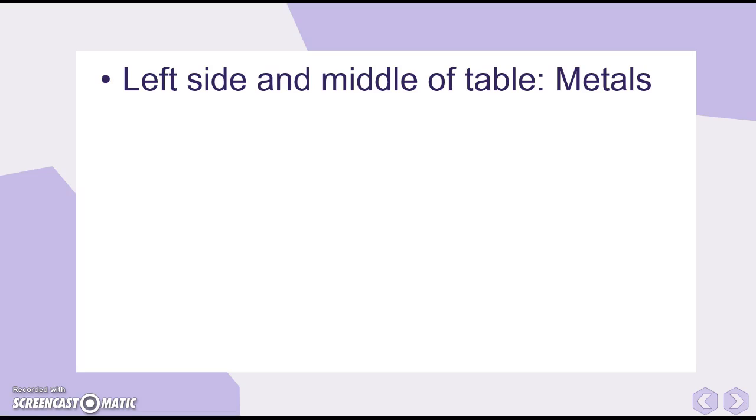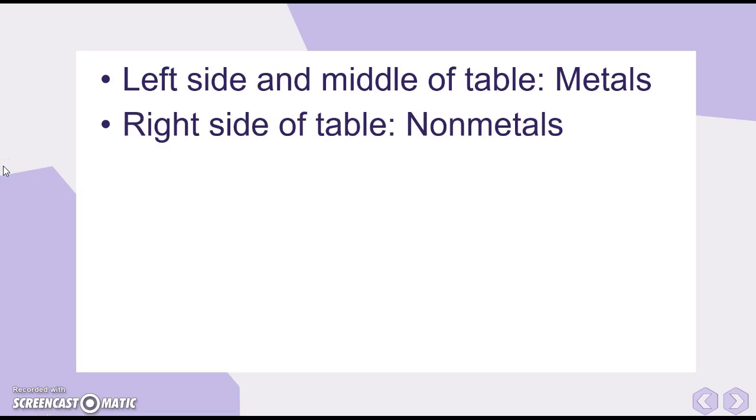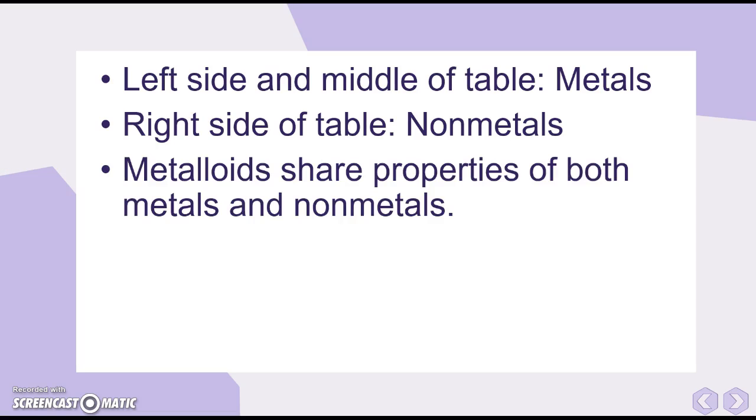And what we've got here is basically 2 major sides to the table. You have on the left-hand side what we call the metals, and on the right-hand side are the nonmetals. And so those are the 2 major divisions. Metals on the left-hand side, nonmetals on the right-hand side.